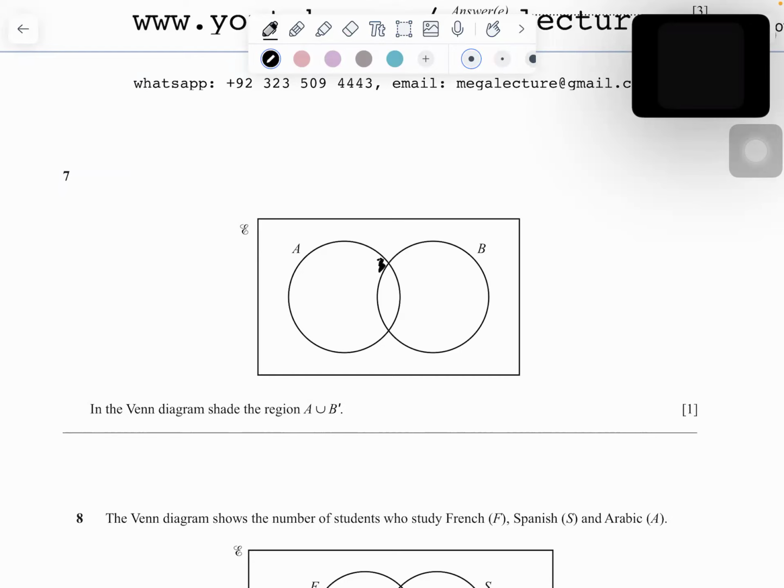So B complement and all of it. Yeah, all of A. It's B complement. Yeah, so if we do B complement, B complement union A. So it's going to be this.